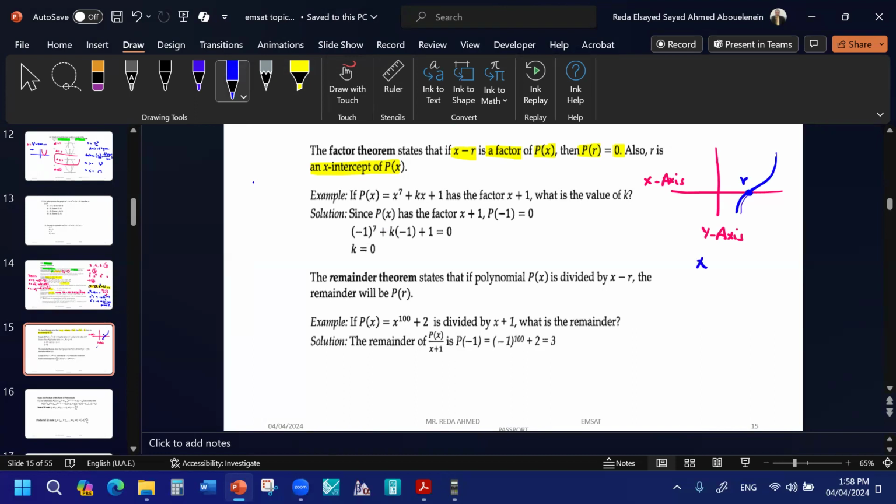So x equals r is the x-intercept, and we can say x minus r is a factor.